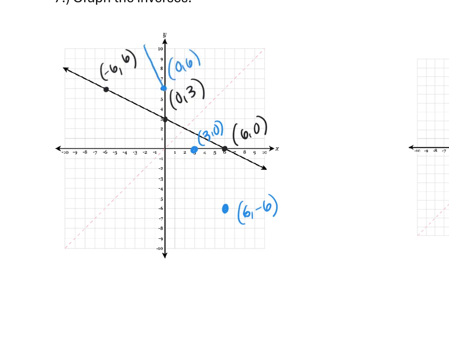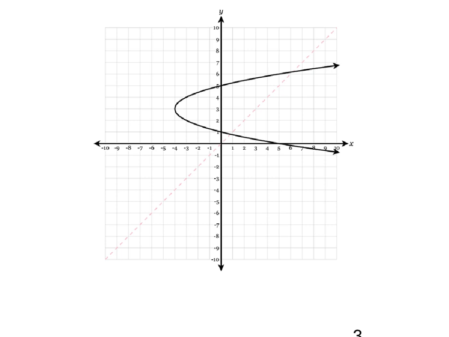So when you're asked to graph, you want to find very clear ordered pairs that you can reverse the x and y of and be able to graph. Let's find 3 clearly labeled points. Here's one at negative 4, 3. Here's one at 5, 0. And then 0, 5.